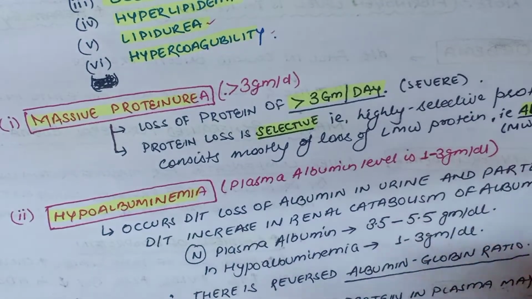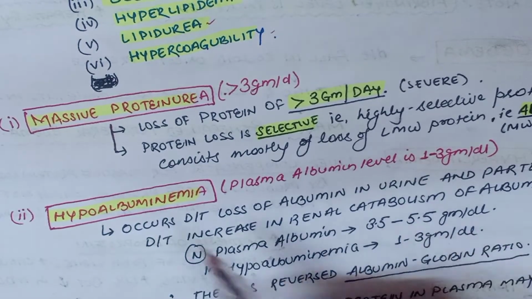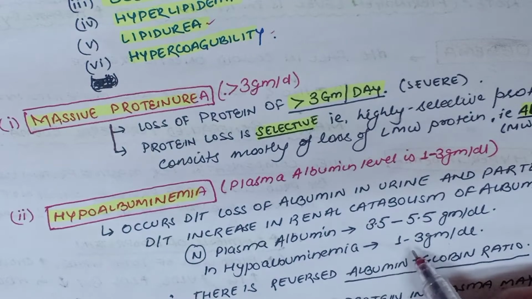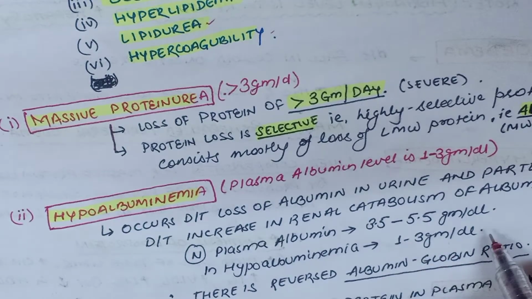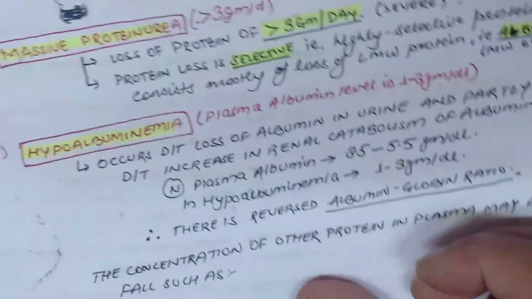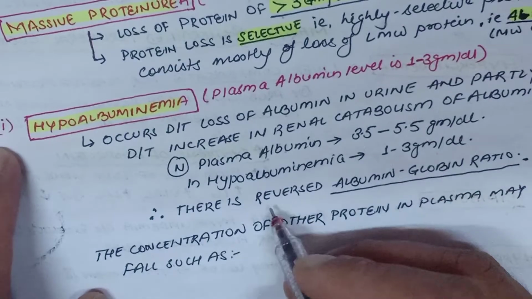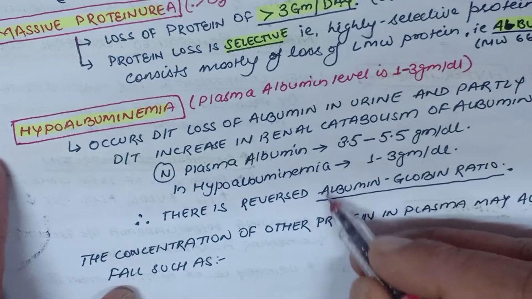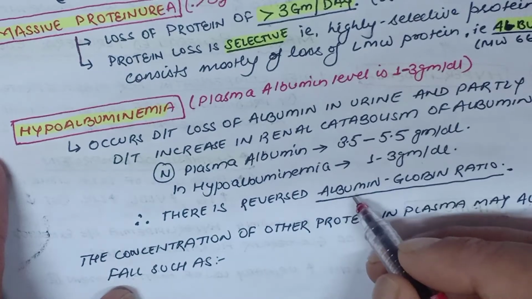The normal plasma albumin level is 3.5 to 5.5 grams per deciliter. Therefore, we can say that there is a reversed albumin globulin ratio, where the albumin level falls drastically.